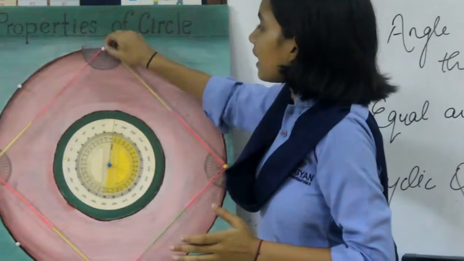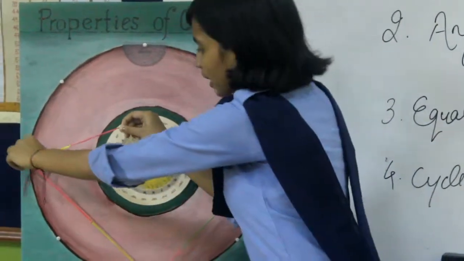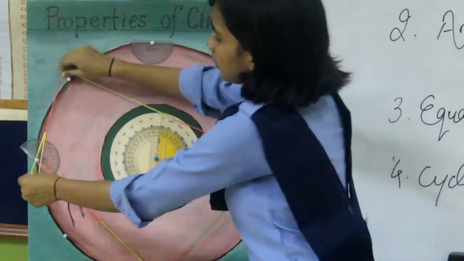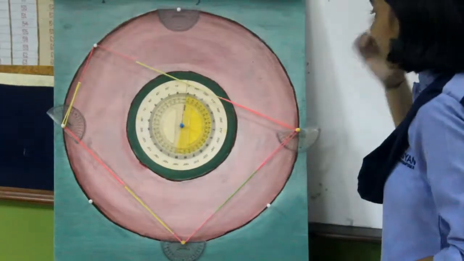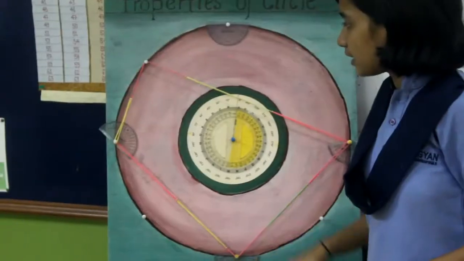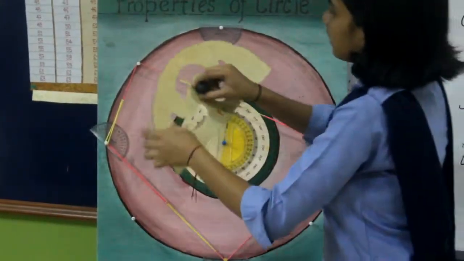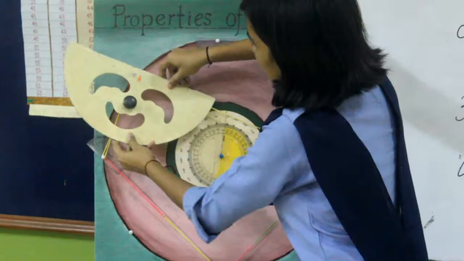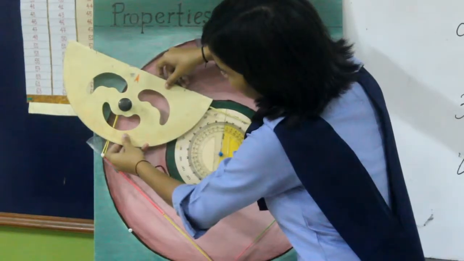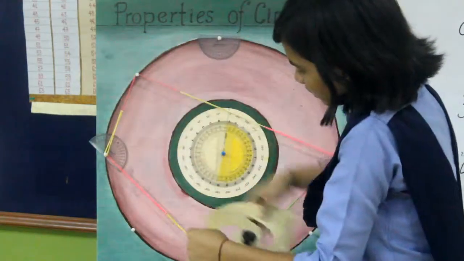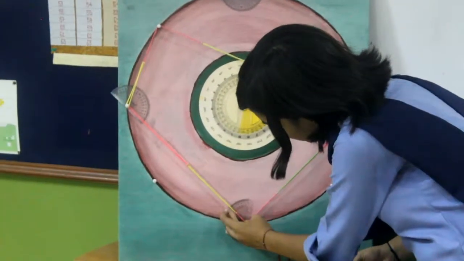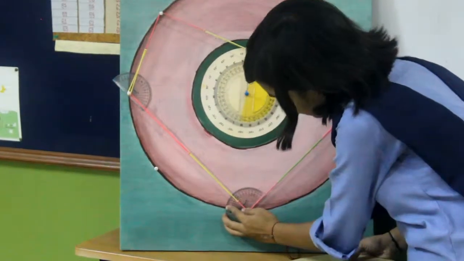Now we can make another cyclic quadrilateral like this. So here we measure this angle like this. Here we are getting around 90 degrees, and this one is also 90 degrees.